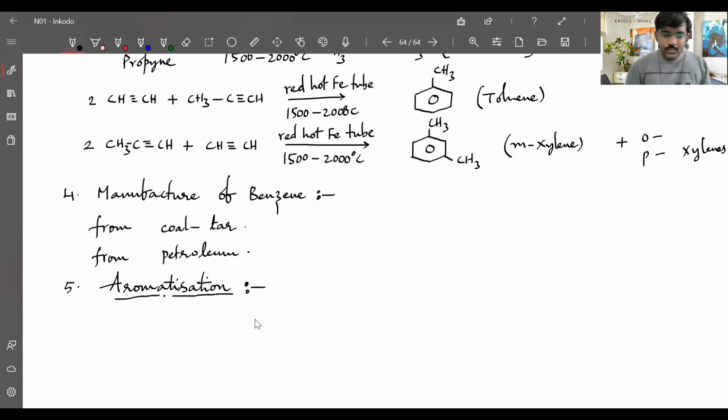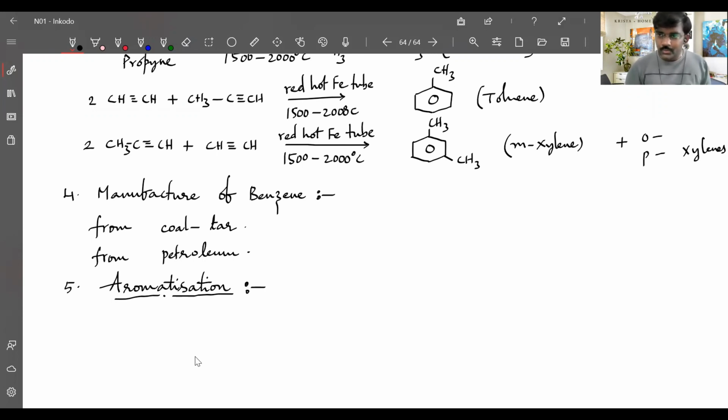I'm going to take normal hexane and pass it through heavy metal oxides, which should be kept around 500 to 600 degrees Celsius.